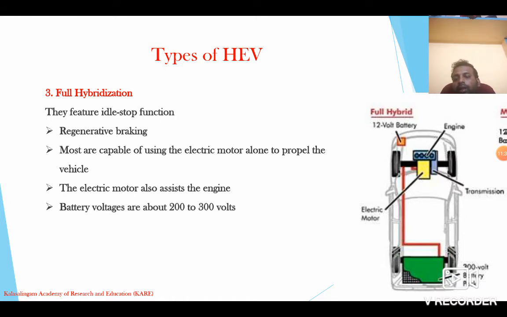So you can operate the vehicle at a lower speed, at an idle speed, or at a higher speed with the help of electrical drives, so that is called full hybridization. Here you can use a huge battery, 200 to 300 volts, in full hybridization. The reason is that we have a lot of options to use the electrical drives, so it needs a high capacity battery.